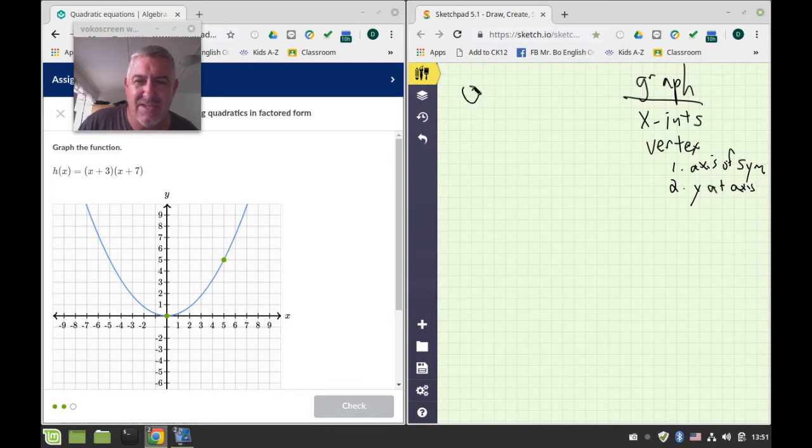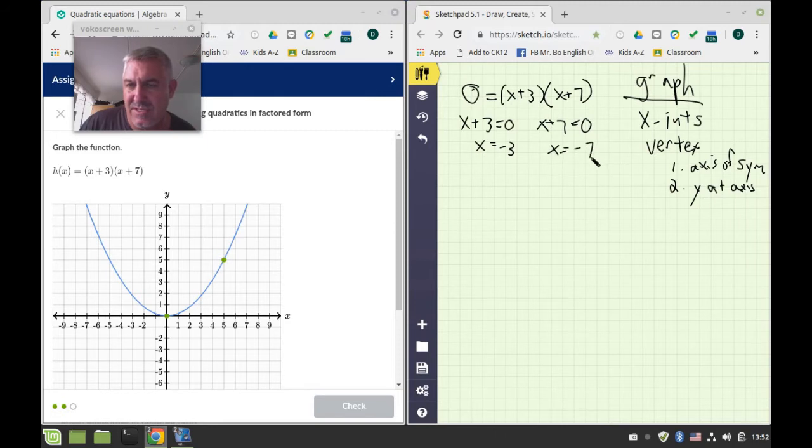So we want to find the x-intercept, so we set the function h of x to 0, and then we get x plus 3 times x plus 7. That means x plus 3 equals 0, or x plus 7 equals 0. And that means either x equals -3 or x equals -7.